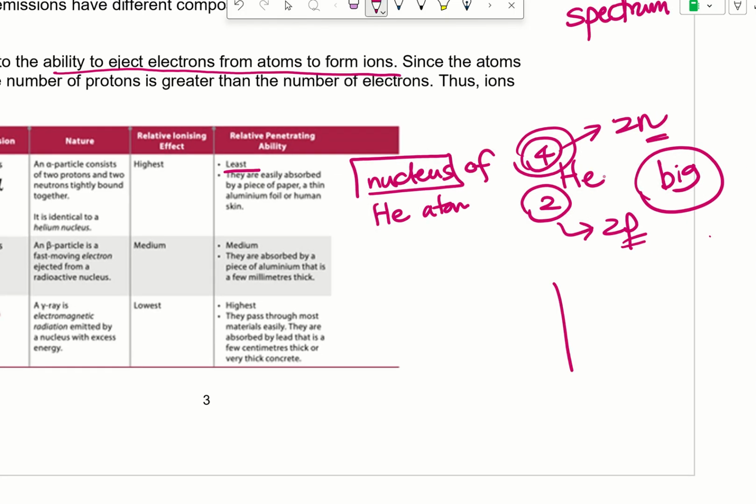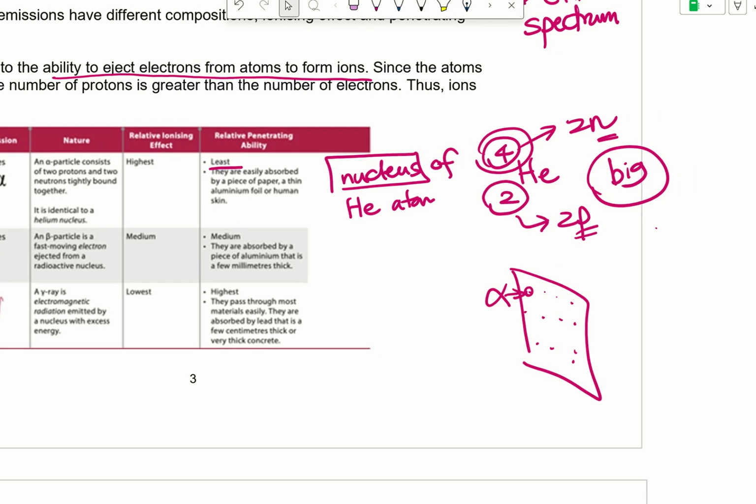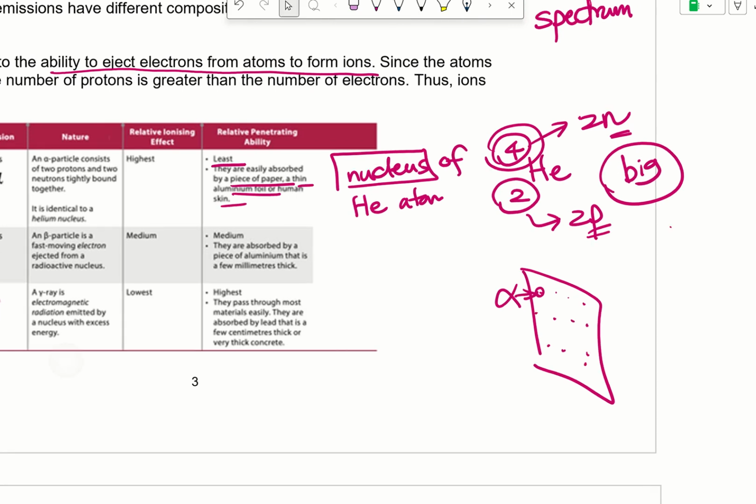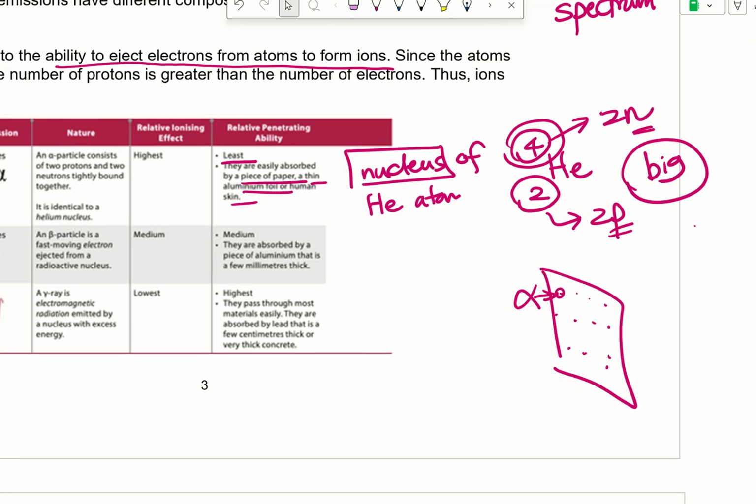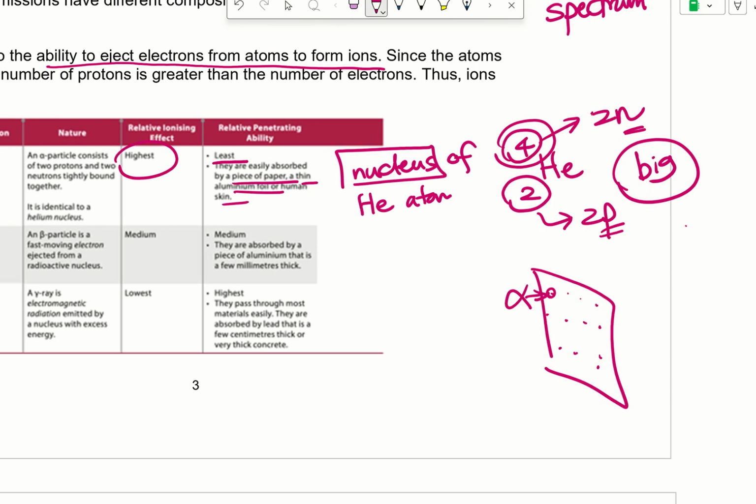Imagine I have a piece of paper, and you know papers actually have tiny pores inside, right? But because the alpha particles are too big, they cannot pass through these pores. So they can be blocked or absorbed by a piece of paper, a thin aluminum foil, or human skin, right? So the penetrating power is not a lot, but it actually has the highest ionizing effect.